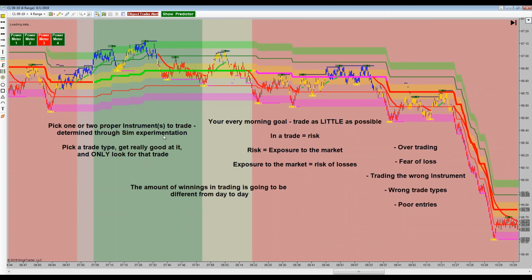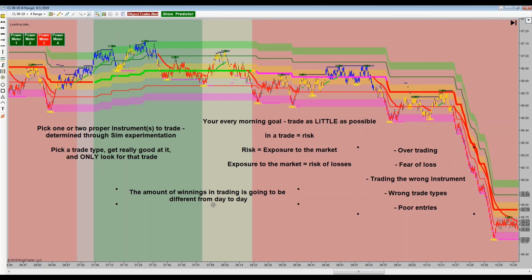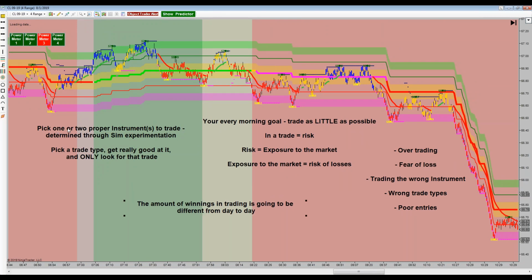So let's tick through these real quick, and some of you can do this mentally for yourself as you assess what you're doing on your own charts, right? He's saying here, pick one or two proper instruments and determine through some experimentation. Obviously, he's determined ES is for him. One instrument, check mark one. He didn't explicitly say this, but I'm guessing he probably has one specific trade type that he likes.